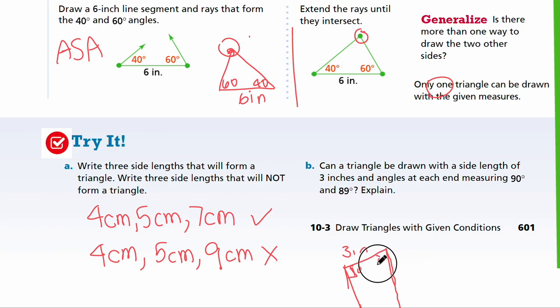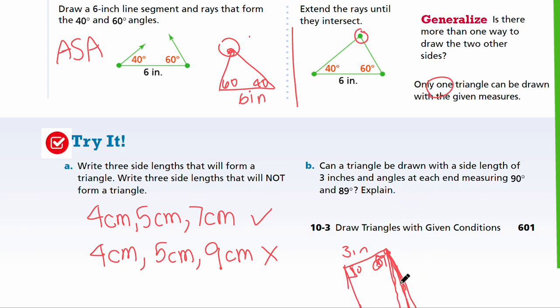But can it be possible? Yes, as long as these 2 lines meet at some point, which they will, because this one's 90 degrees and they're not parallel, because this one's not 90 degrees. So it's going to meet the other side.